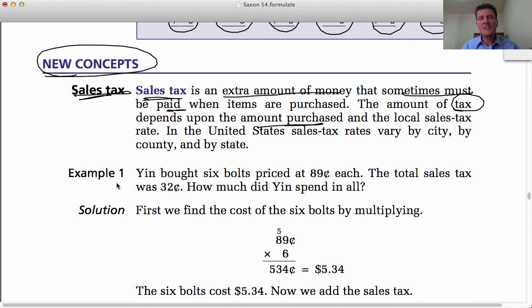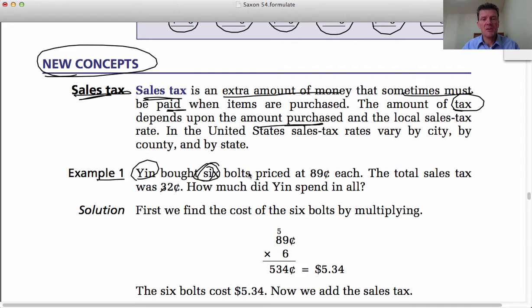You have to read these problems very carefully, so don't race through them. Take your time reading them and analyzing each little bit of information. Make sure that you are picking up on all of the information that is there, because whether it's a number or even a word might change what the problem is asking. So example 1 says Yin bought 6.